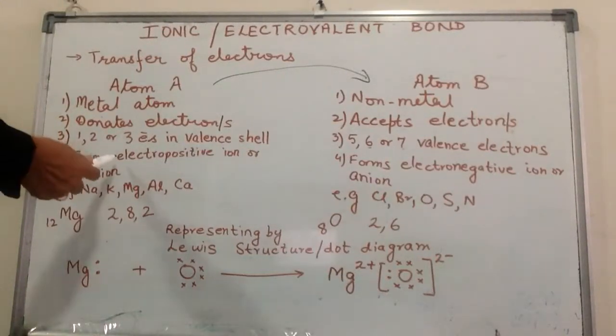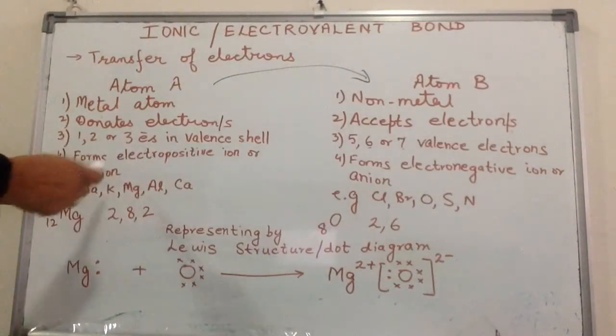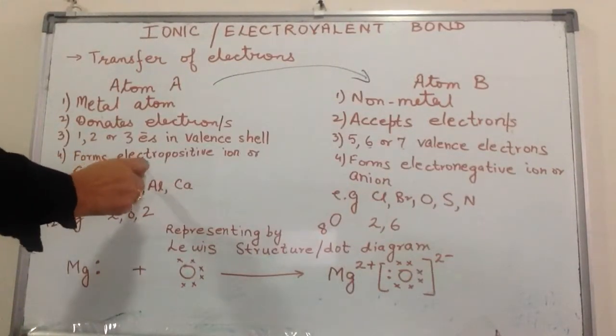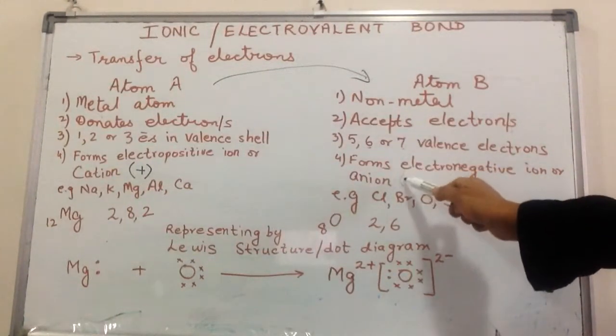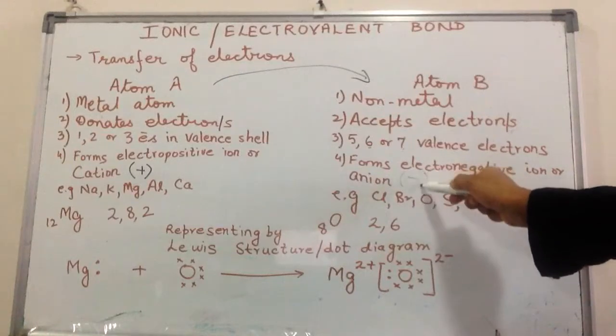So it becomes an electropositive ion or cation, an ion with a cut. On the other hand, the atom which gains electrons forms what we call the electronegative ion or the anion. That means the one with the negative charge over here.